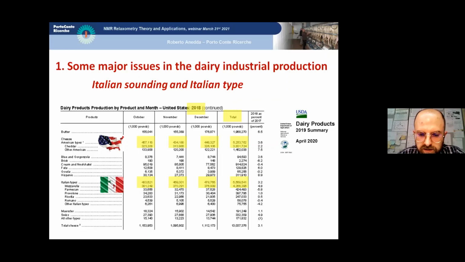Other cheese varieties are not as much appreciated by American consumers as Italian ones. For example, Swiss varieties show a much lower share of the total cheese produced in the US. It is about 2.5% of the total cheese produced in the US.